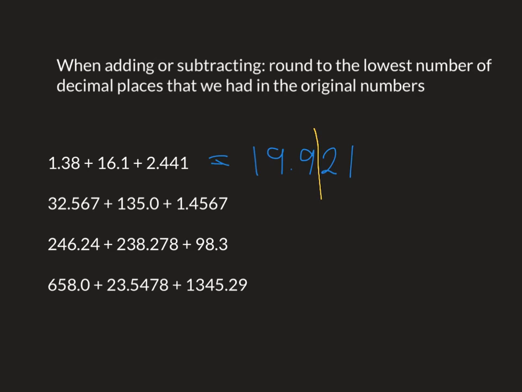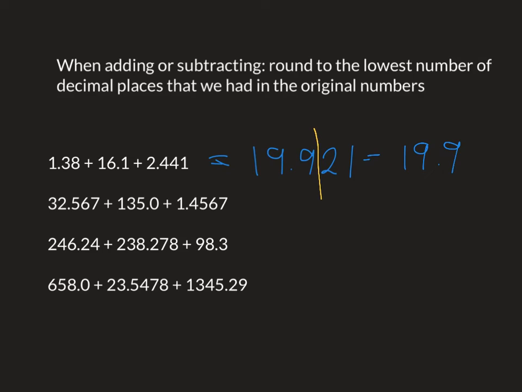The number to the right of my line is a 2, which means that my 9 is going to stay the same. So my final answer here is going to be 19.9. It has 3 significant digits, which is great, but more than anything, the important part is it has the correct number of decimal places.